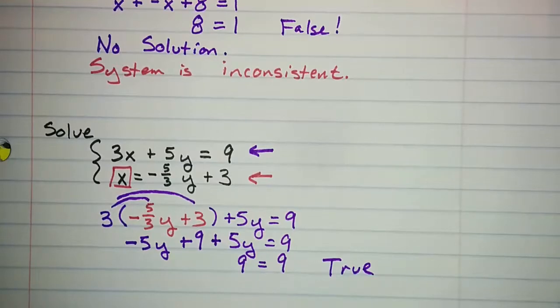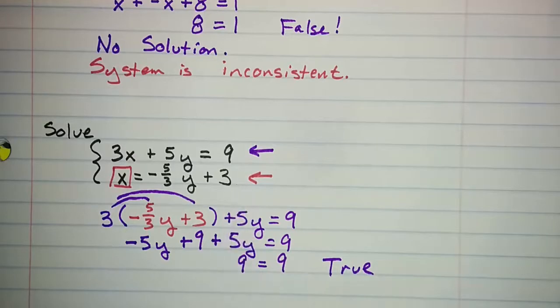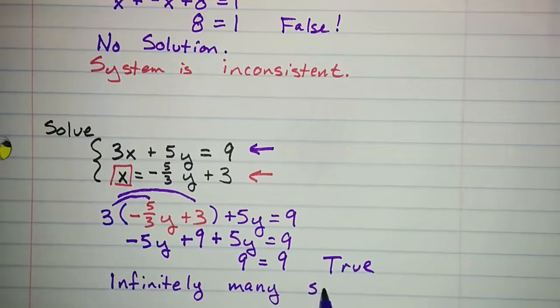That tells us that putting these two together somehow doesn't give us any new information at all. We'll get a number equals itself after we substitute if we have infinitely many solutions.